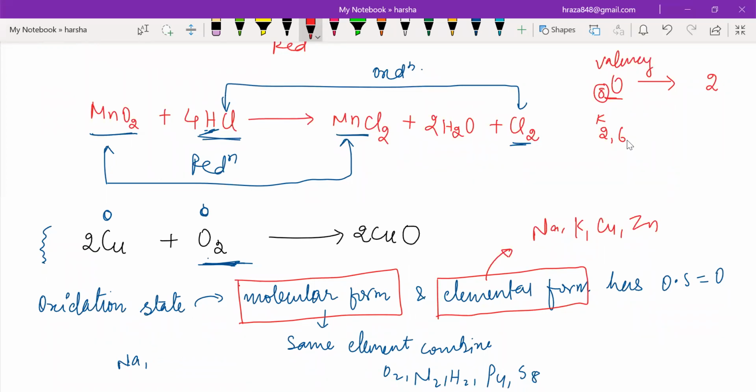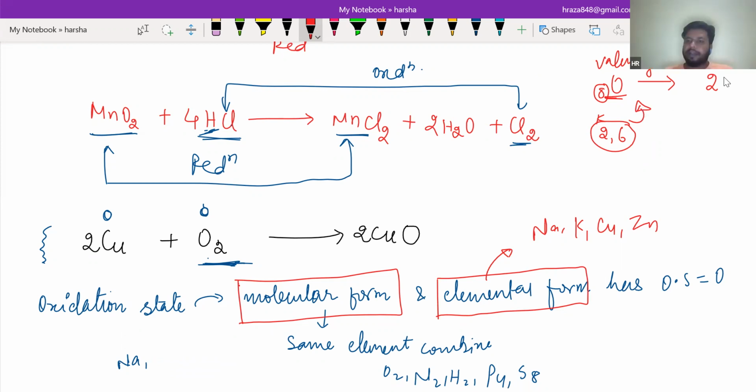Remembered, Harsha? Abdullah? Yes, sir. Now see, will oxygen lose or gain electrons to achieve its octet, to complete 8 electrons in its outermost shell? Gain. And whenever an electron is gained, it will have a negative sign. Yes or no? Yes, sir. You have studied this in class 9th.